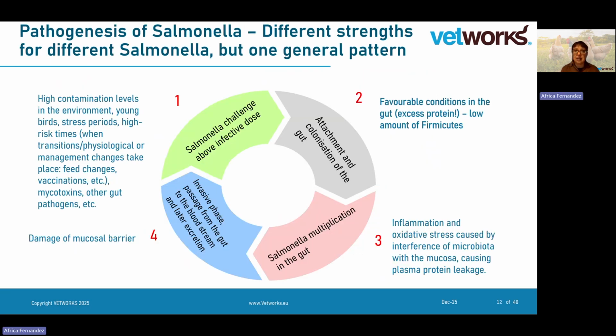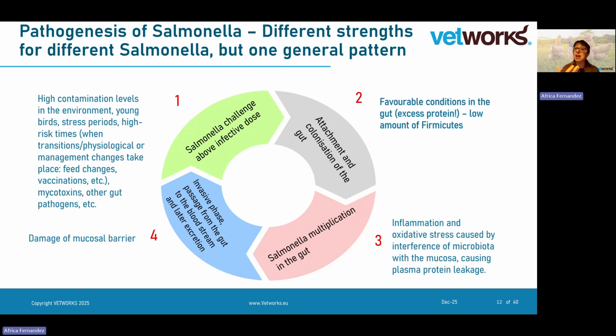This is, I would say, a good pictorial representation of this process. So we have how Salmonella enters a flock. It could be because the contamination in the environment is very high.